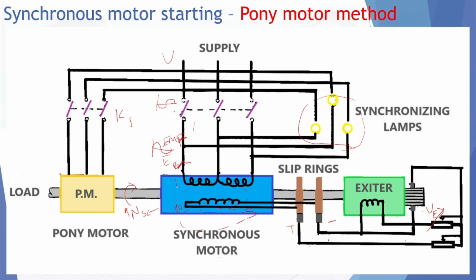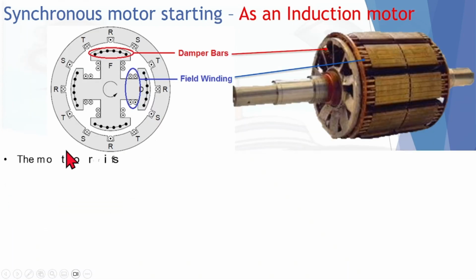So a north-south magnetic field is created on this stator winding, and these two magnetic fields lock together and maintain the rotor speed. At that time you can disconnect the contactor for the pony motor. Thereafter, the pony motor is of no use. Okay, this is the basic arrangement of the pony motor starting method.